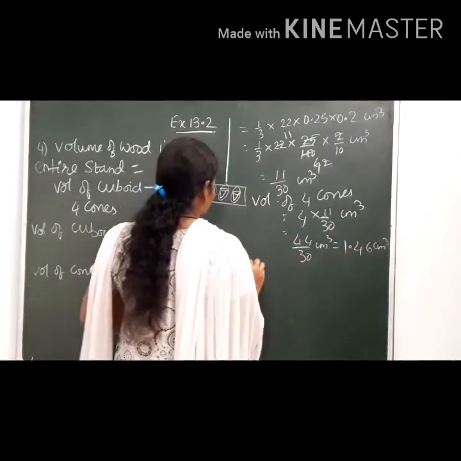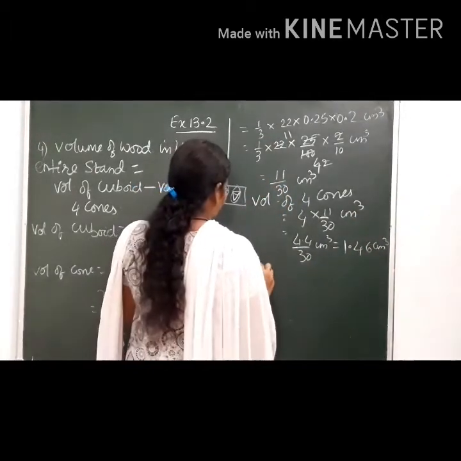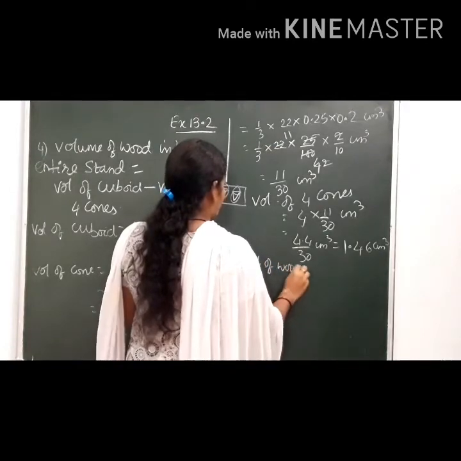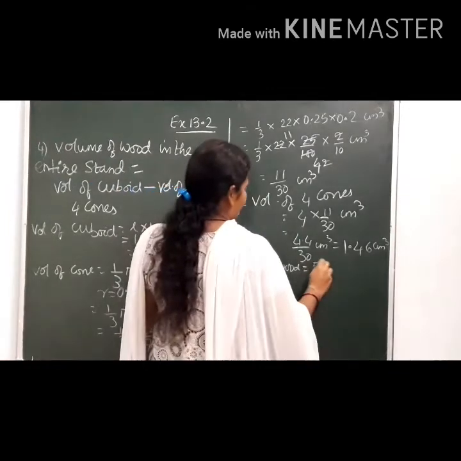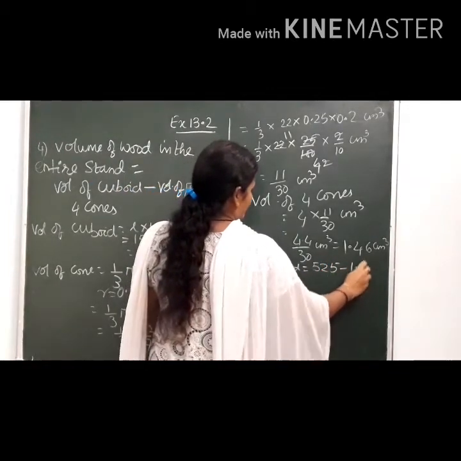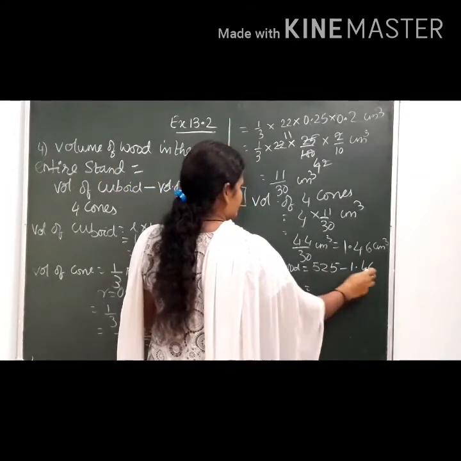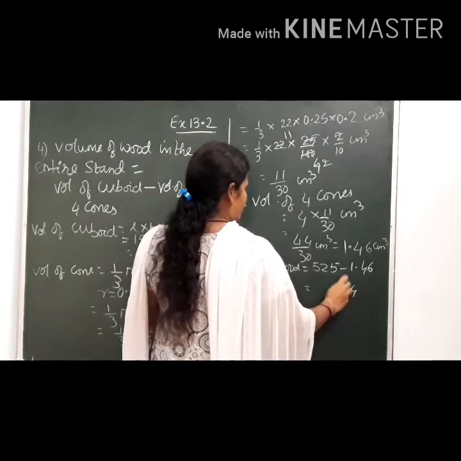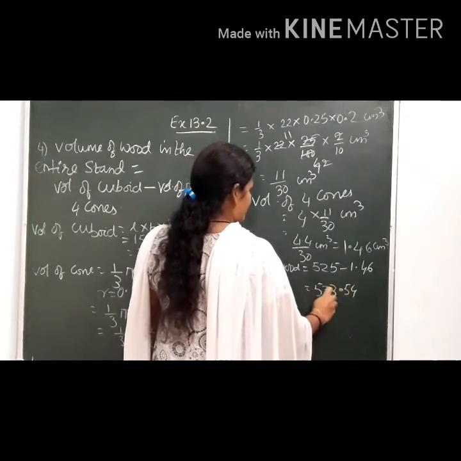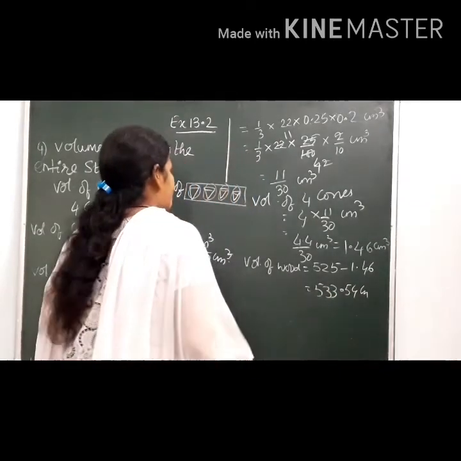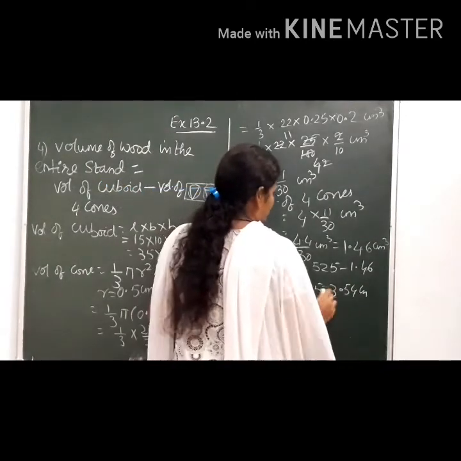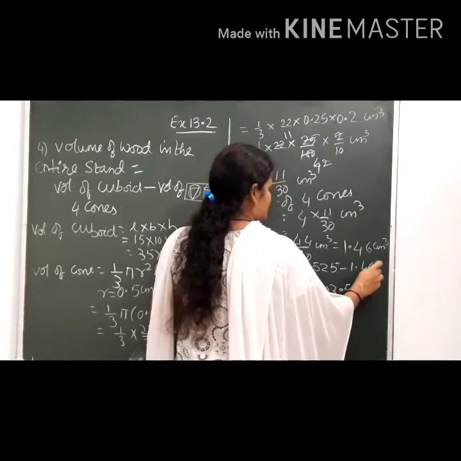So the volume of the wood is equal to the volume of the cuboid minus this, that is 525 minus 1.46, which is 523.54 centimeter cube. This is the answer.